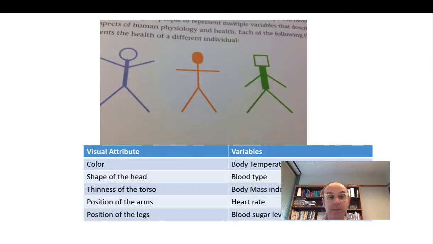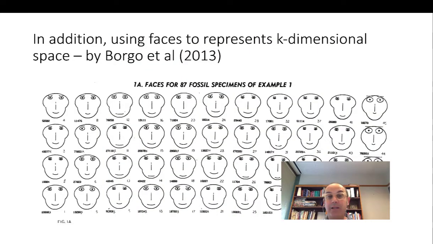The visual attributes were colors, the shape of the head, the thickness, the position of the arm, the position of the legs, and the variables were the body temperature, the blood type, the body mass index, the heart rate, and the blood sugar level. All those attributes were part of the visual attributes.